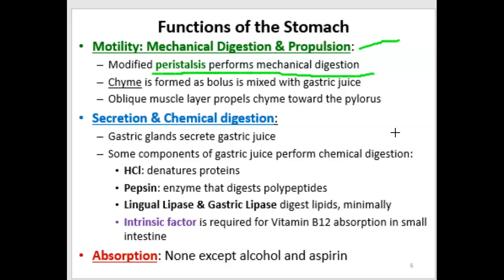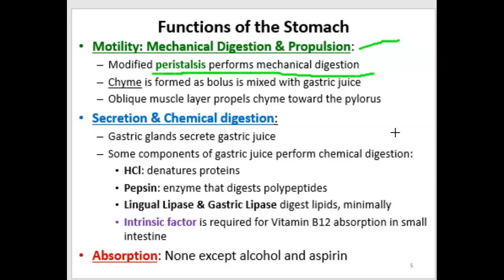So now we don't call it a bolus anymore, we call it chyme, C-H-Y-M-E. Now it's this oblique muscular layer that propels the chyme towards that pyloric sphincter.